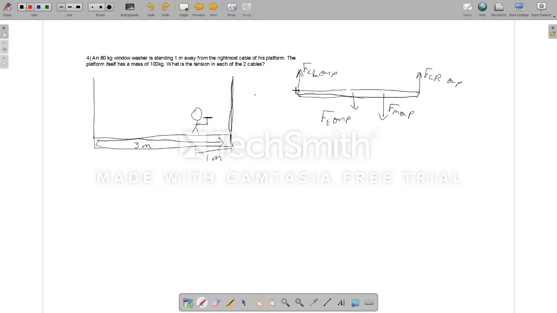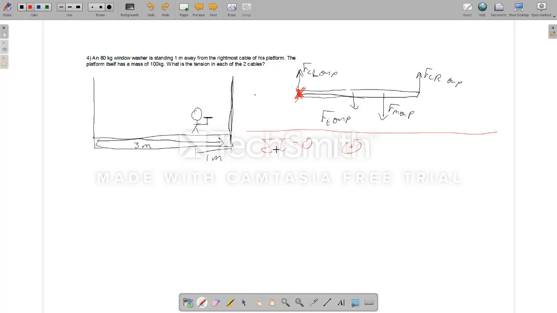So I'm going to start off with the left side as being our pivot point. So we'll call this the pivot point. Now I'll do this in red to show that we're talking about the red pivot point here. So we're looking at the net torque being equal to 0. And I'm going to set counterclockwise as positive again, because that way this is positive.